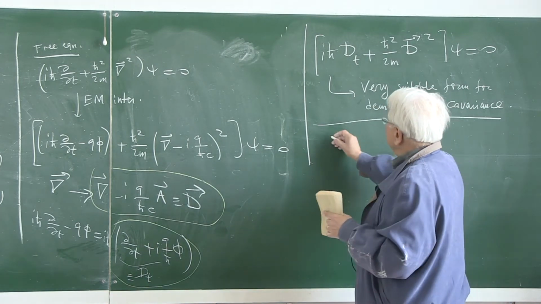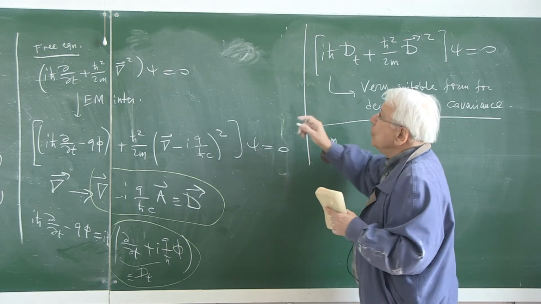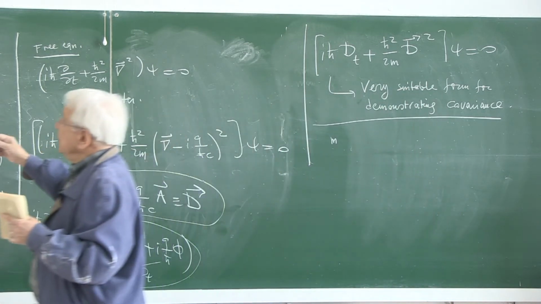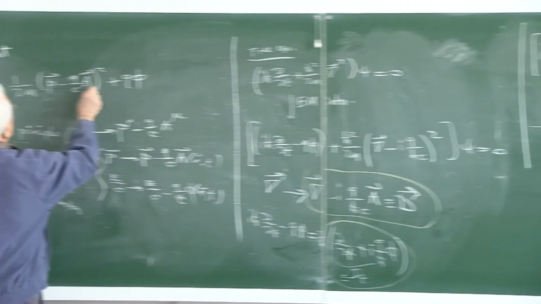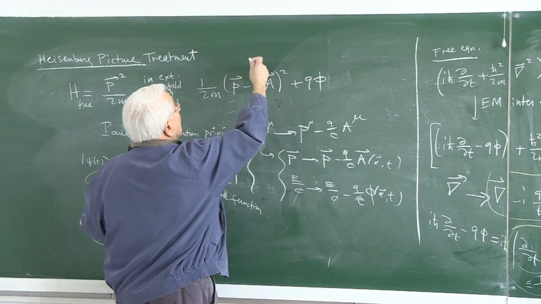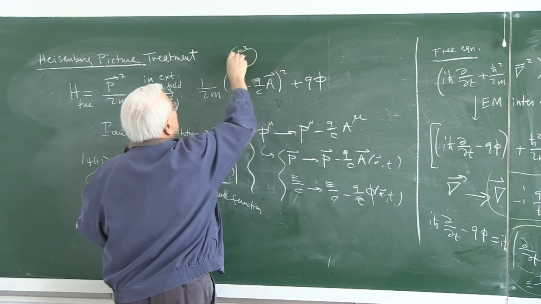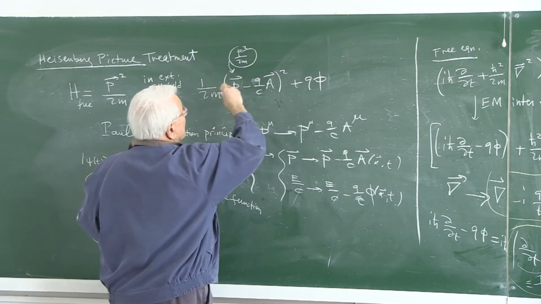Now we pay attention again to the following distinction. Notice that in this Hamiltonian, we have this combination appeared, as compared to p squared over 2m. Let's compare this against that expression.